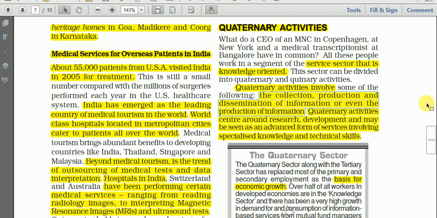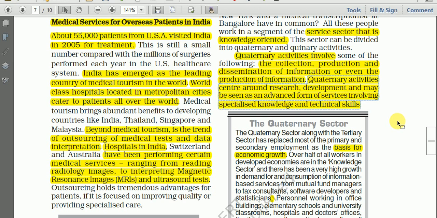And another important characteristic is given here. Quaternary activities center around research and development, and may be seen as an advanced form of services involving specialized knowledge and technical skills. So it also tells the meaning of the quaternary activities.